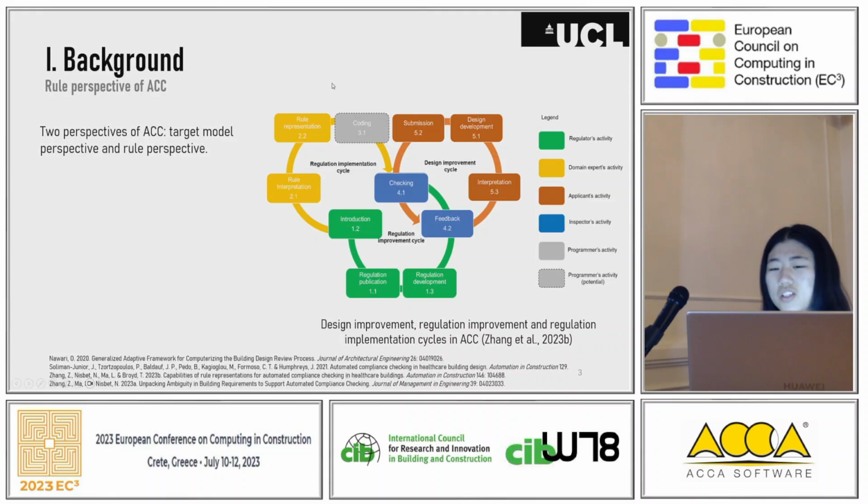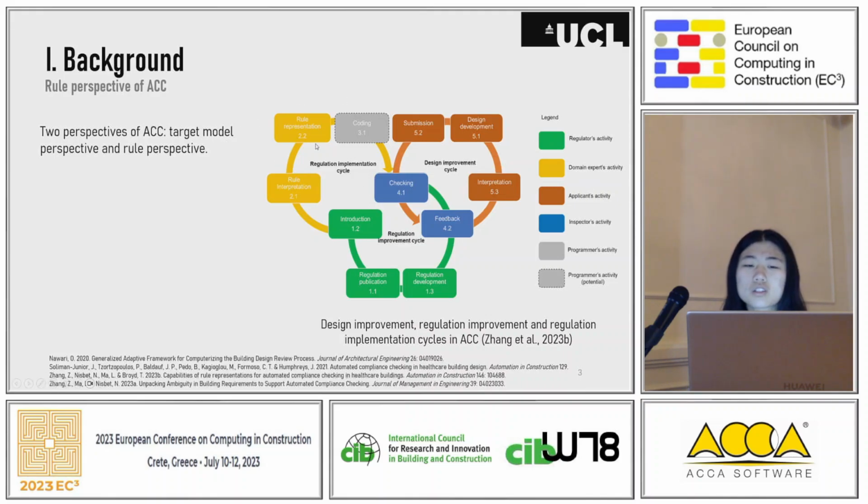As I've just mentioned, there are a lot of actors, and there have been two approaching perspectives. One is the target model perspective, which is about the design model, and it's shown on the orange cycle here on the graph. It's about having the building design and then maybe making some modification to it.